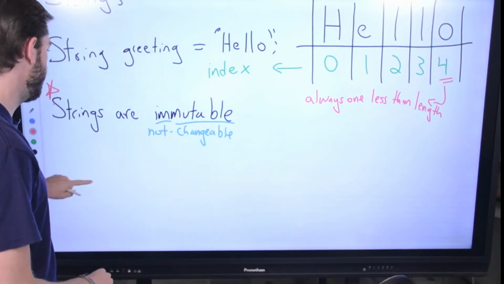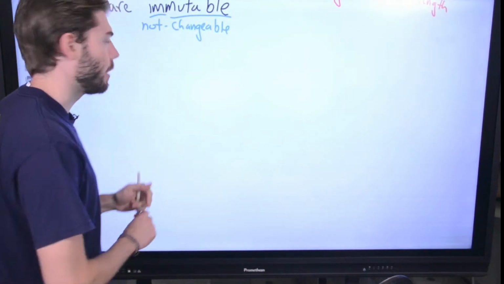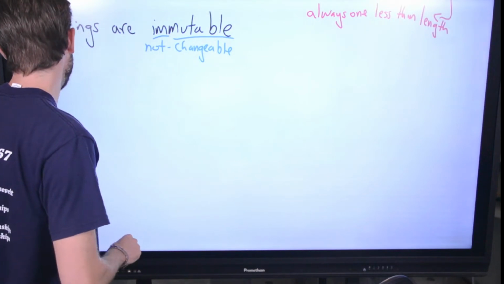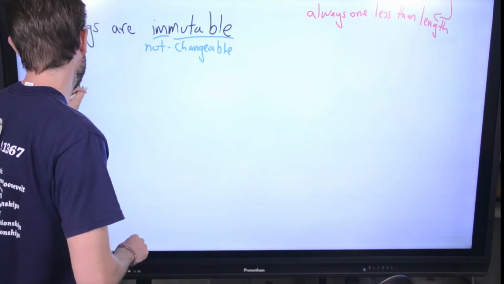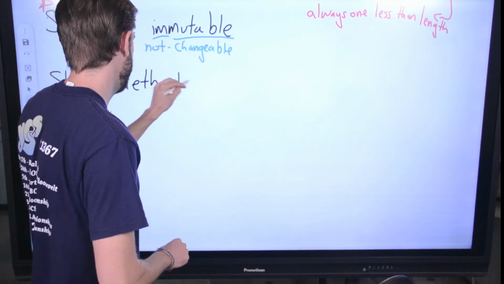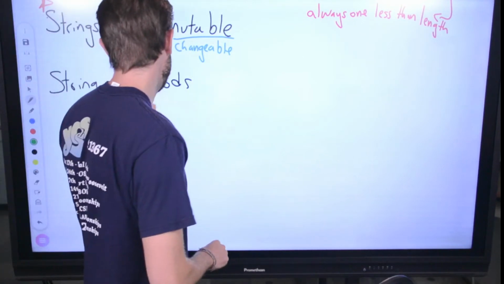So this is an important thing to remember, and is pretty key for how we manipulate strings in Java. So what are the things we can do with strings? What are some of the built-in things that we can do? So let's talk about string methods. Methods are a fancy word for doing stuff.